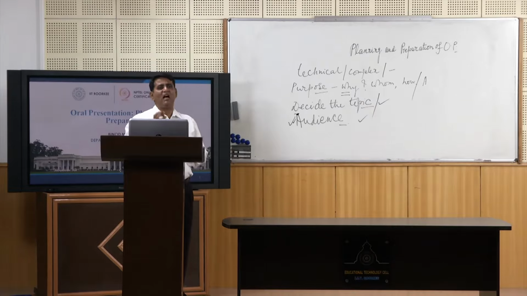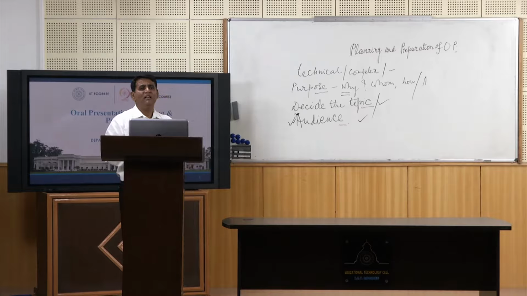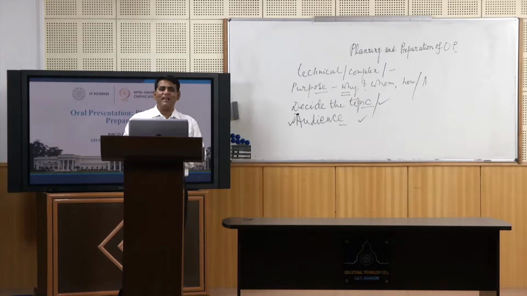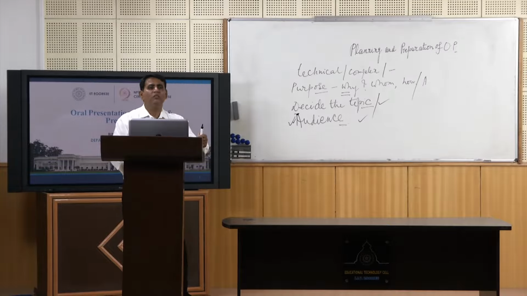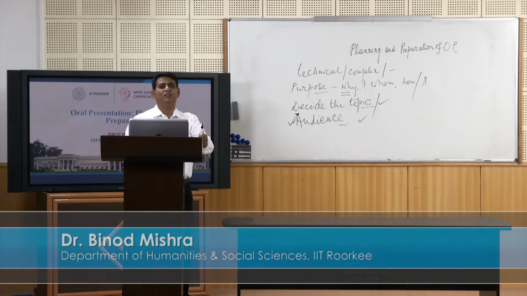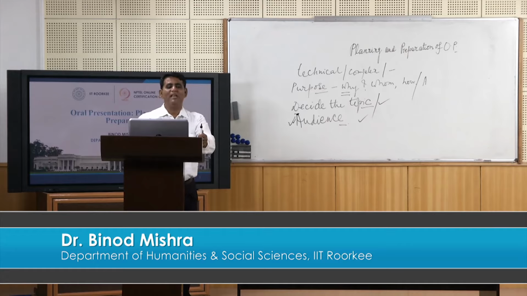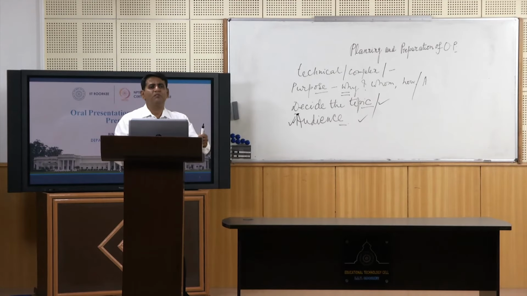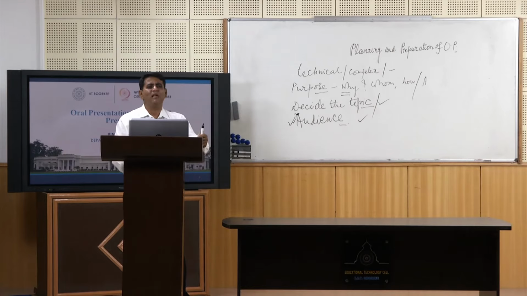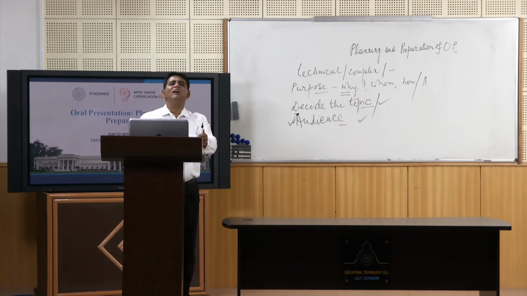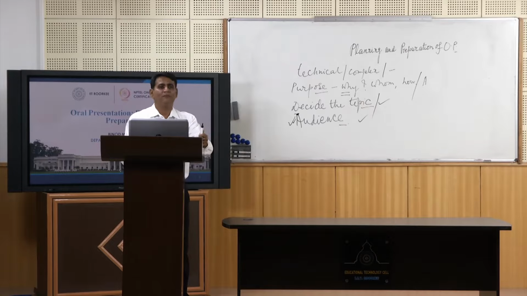So the first task that you have to accomplish is to know your purpose, to decide your topic, and then you will always know your audience. And once you know your audience's age, background, education, faith, gender, because at times you never know, unless people tell you, who these audience members are.